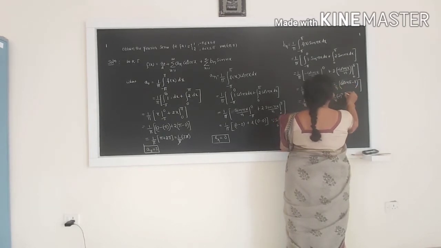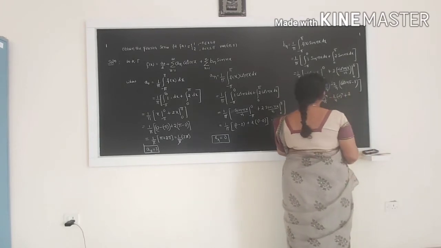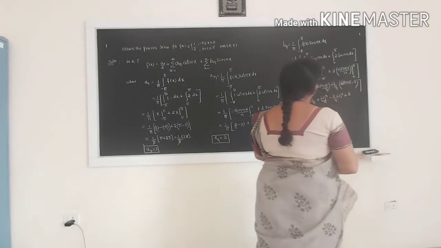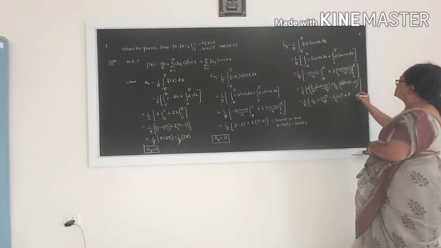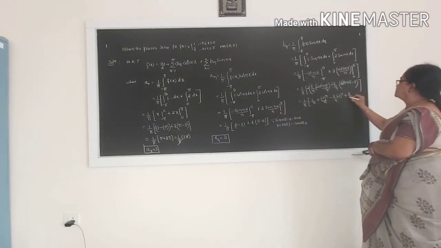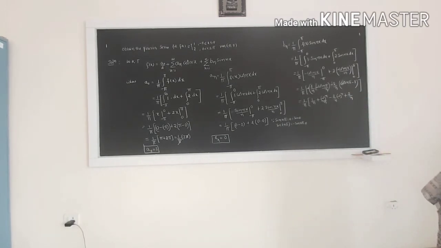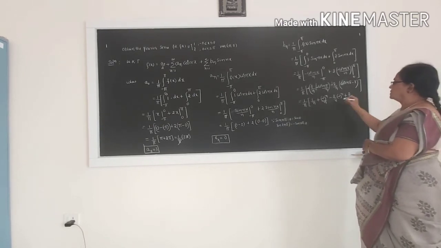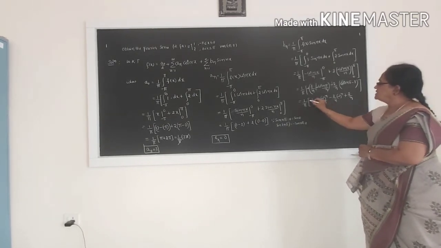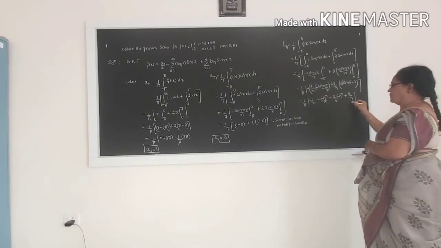Minus into minus is plus 2 by n. Okay. This is here minus into 1 by n is minus 1.